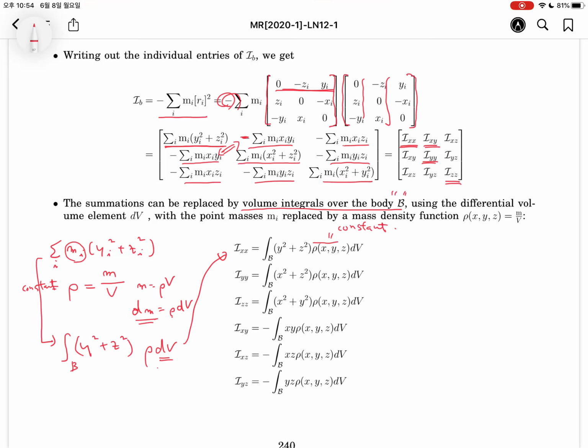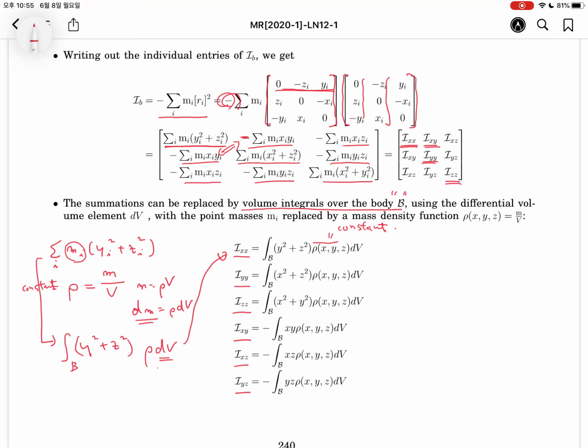But in the case of the rigid body, if you choose the body frame at the center of mass, this Ixy will be constant. So like this, we can obtain the moment of inertia Ixx, Iyy, Izz, and Ixy, Ixz, and Iyz.